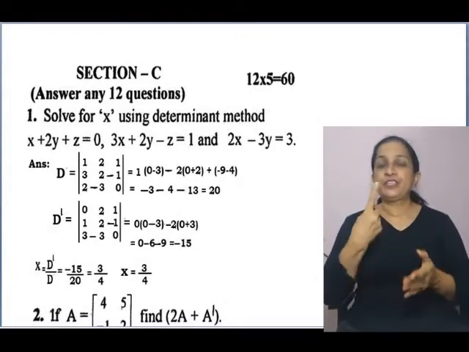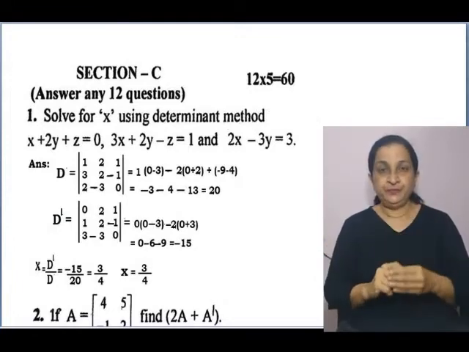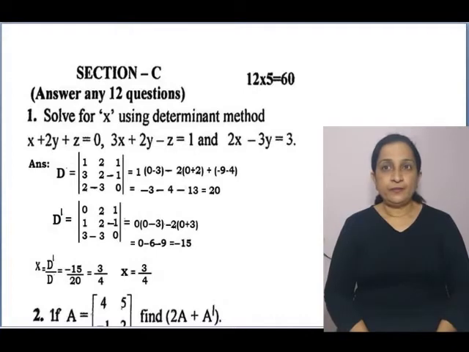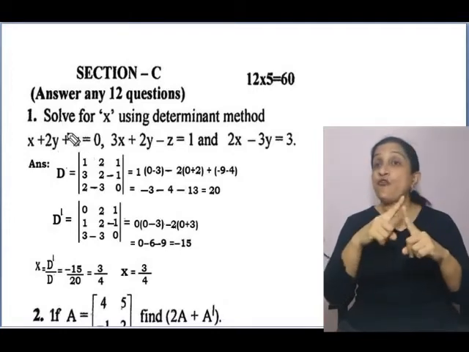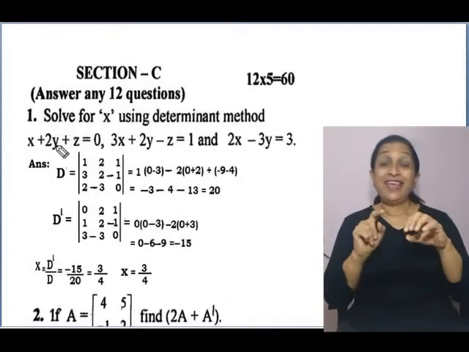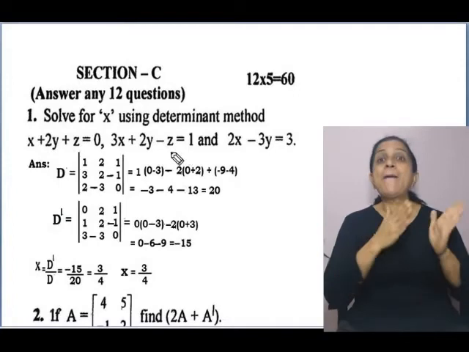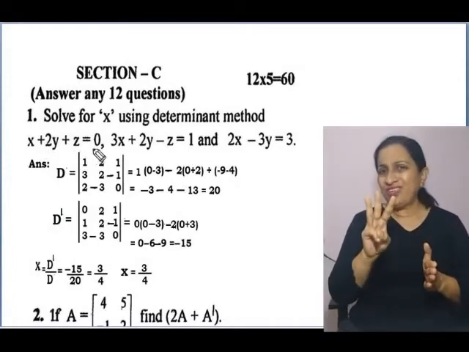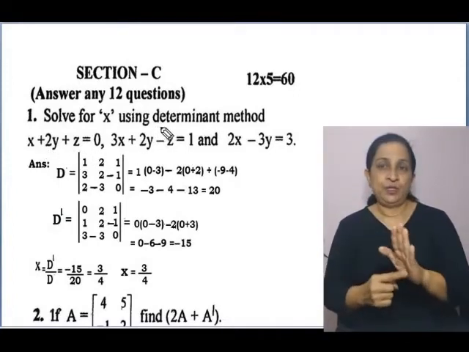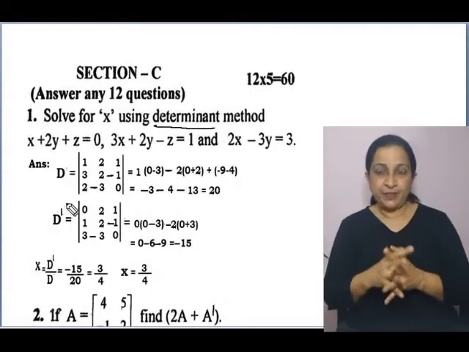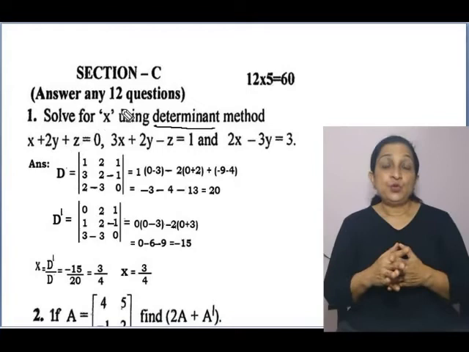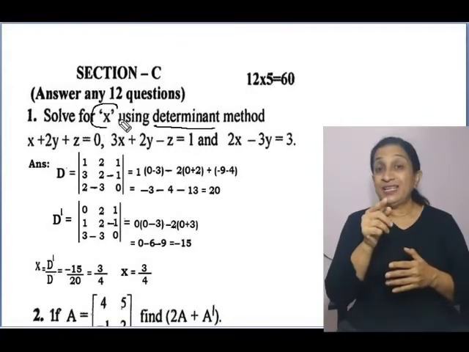The first one, here it is given: find the values of these 3 equations in x, y, z using the determinant method. So how do you do it? You have to solve for x.